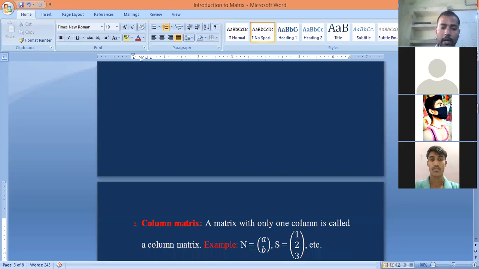In the example there is only A, B, with no rows, given up and down vertically. That's why they are considered column matrix. Is it okay?